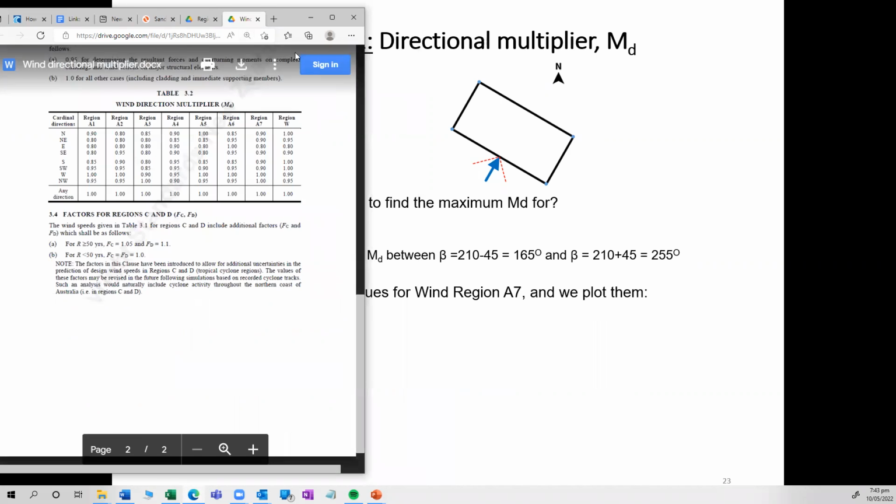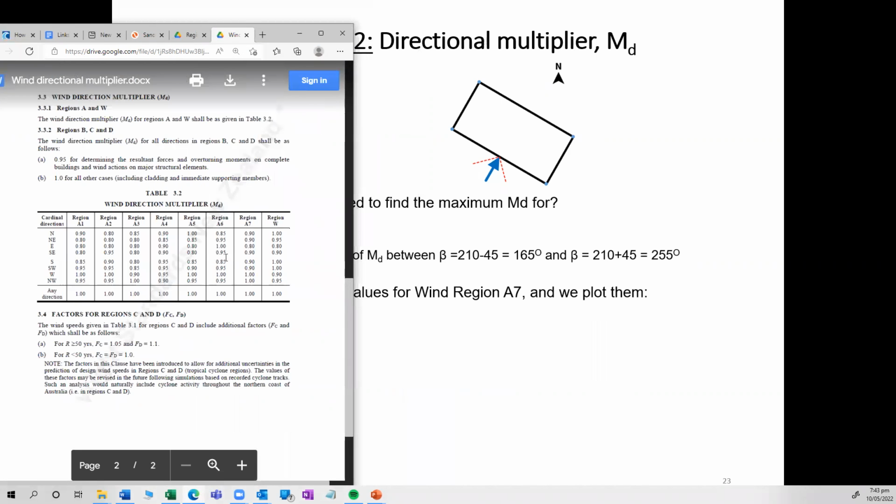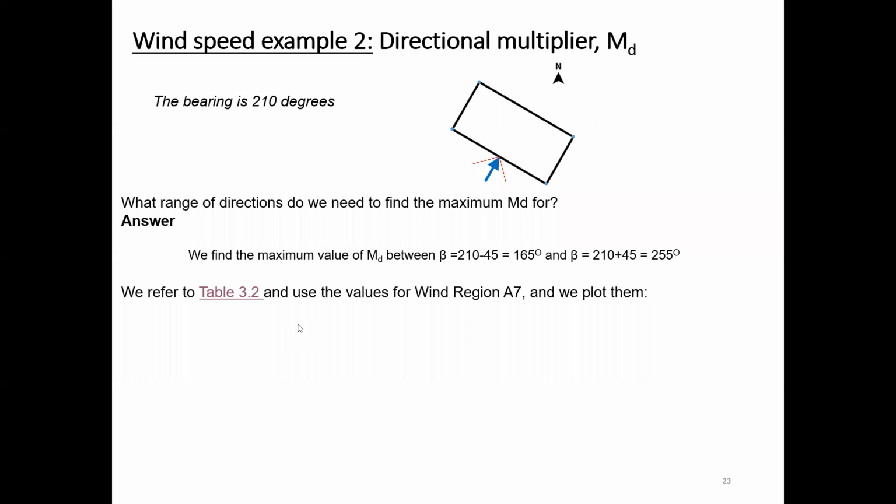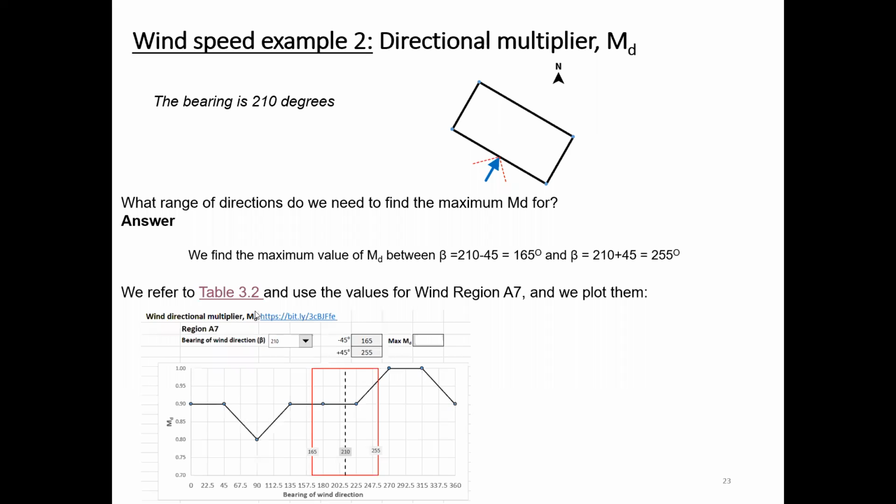Okay, so you know it's between 165 and 255, and you know it's region A7. Let's look at this. What if we plot this? It's in this region here, isn't it? So you've got 0.9, and then it goes up to 1, between 270 and 180.